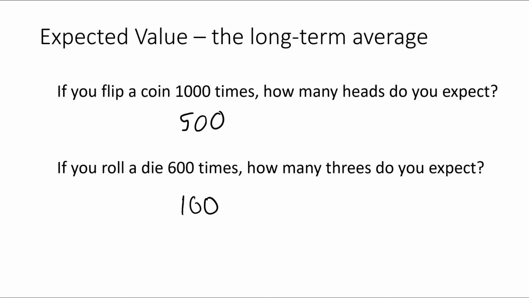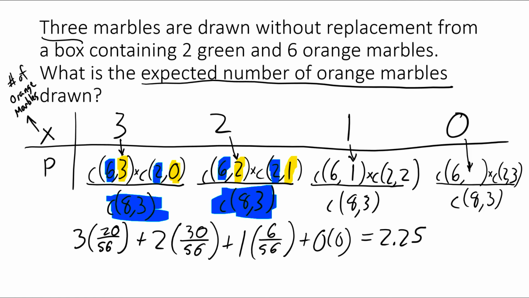So when I asked if we flipped a coin 1,000 times, how many heads would we expect? All I did there was I did 1,000 times 0.5. And rolling a die 600 times, how many 3s do we expect? I just multiplied 600 times 1/6. We can actually do the exact same thing here. We're drawing 3 marbles, and the probability that any one marble is orange is 6 out of 8, because there are 6 orange marbles and there are 8 total.